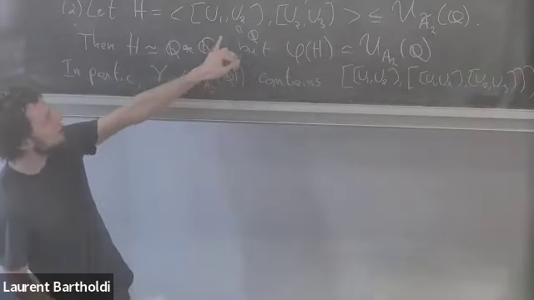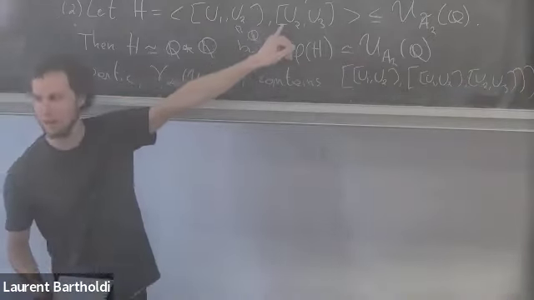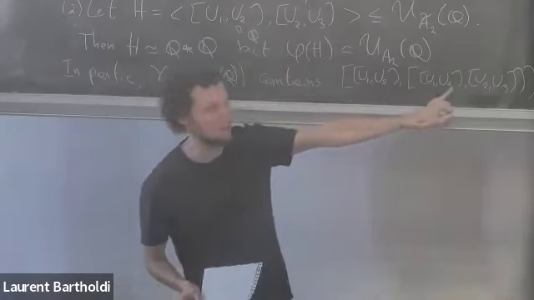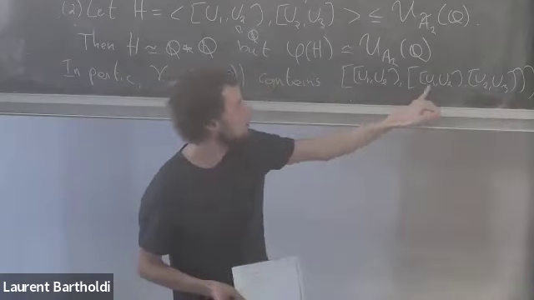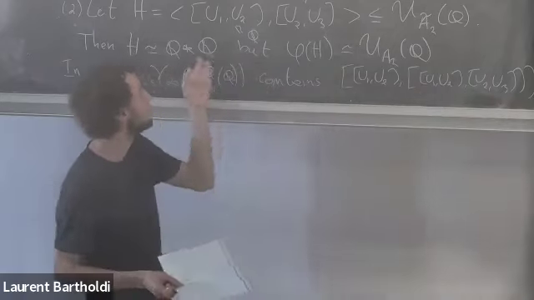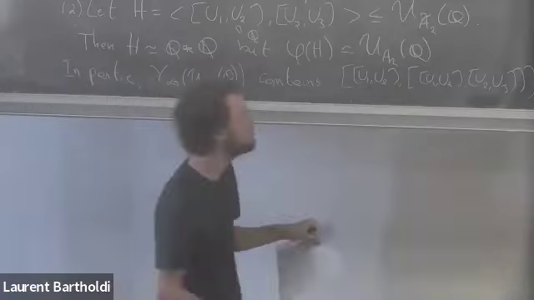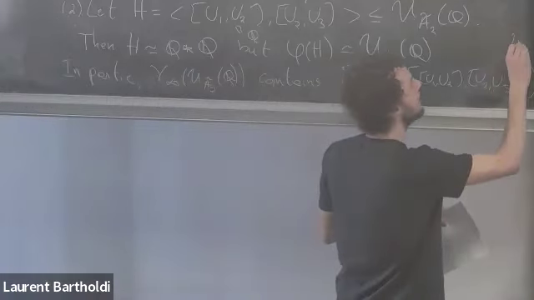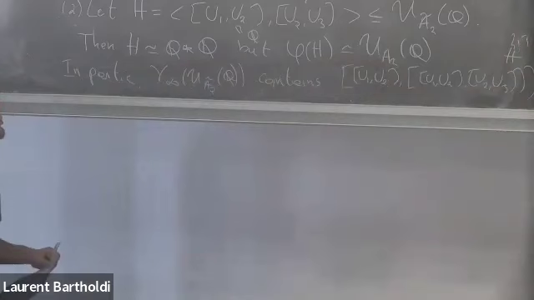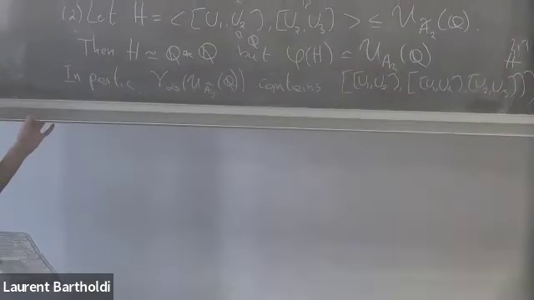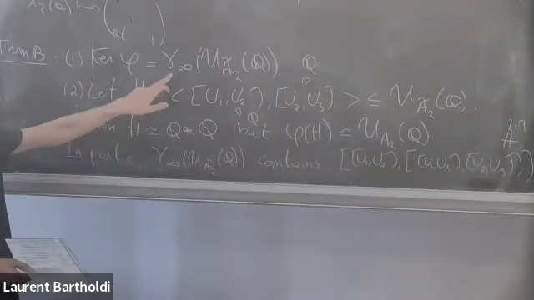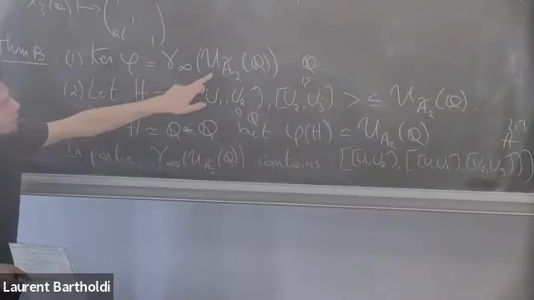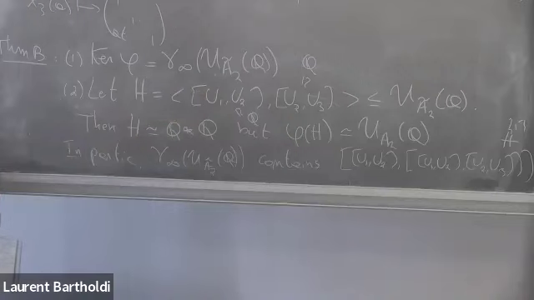In the Heisenberg group you have X and Y, the generators, and here you have [X, Y]. This is trivial in the Heisenberg group. But of course, [X, Y] in the free product of X and Y is not trivial. So every element in there belongs to the kernel. And so indeed, every element in there witnesses the fact that U A2 tilde of Q is not residually nilpotent.